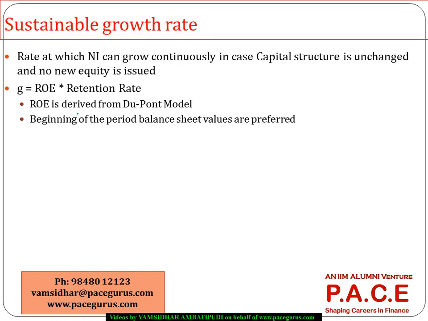One more concept that is worth knowing as a part of this process is the definition of sustainable growth rate. The growth rate g which we have been using, there is a definition of sustainable growth rate which says what is the rate at which your earnings can grow if the capital structure is unchanged and no equity is issued.